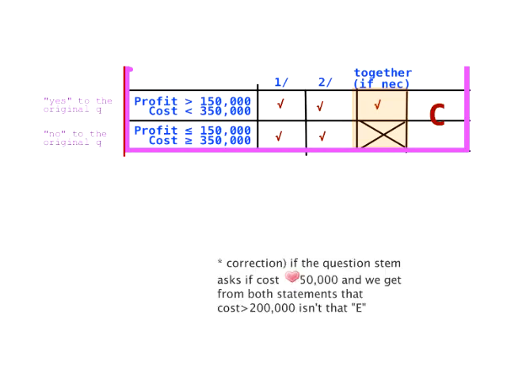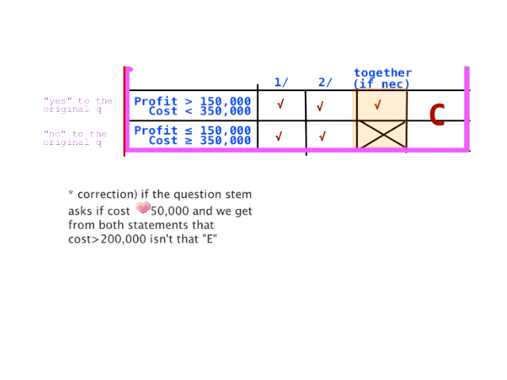This is one of those basic understanding of data sufficiency things. If you get that this is definitely greater than 200,000, well, this is profit. Profit is greater than 200,000 is what you find. You don't find that cost is greater than that. Maybe that's the problem.